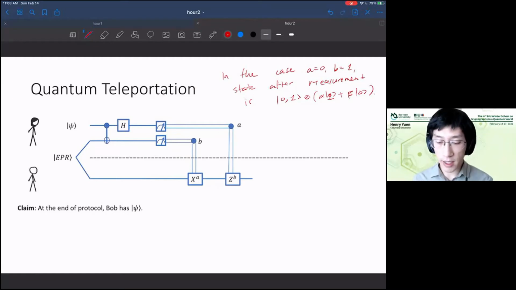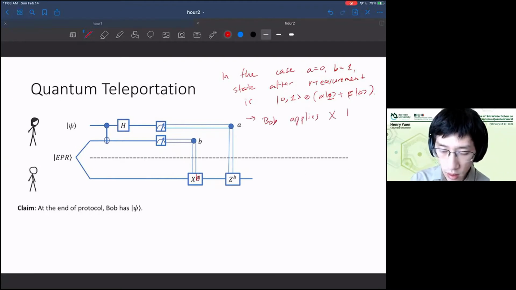So when Alice sends over these two bits, A equals 0, B equals 1, over the classical communication channel, Bob will then know to apply the bit flip operator, right? So he'll apply X to the B, and he won't apply Z. So Bob applies X to his qubit, right?